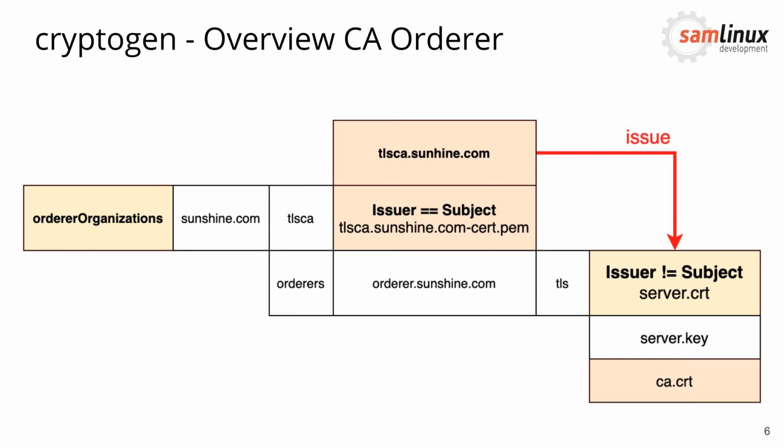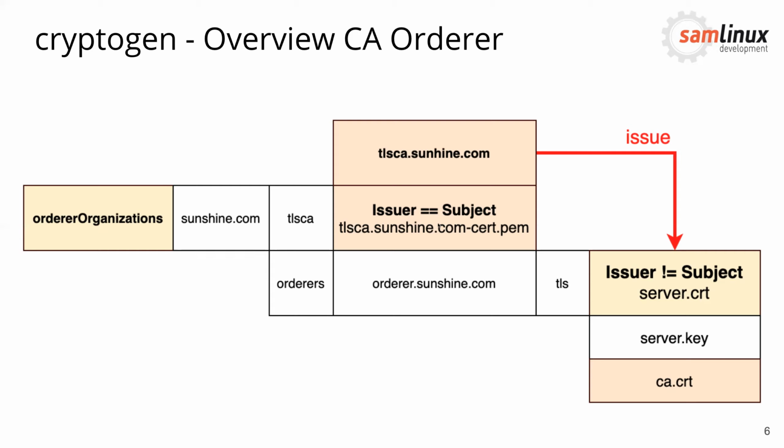And in the orderer organization, you will see this folder structure. So we have orderer organizations, then we have sunshine.com, and then we have here two folders, TLS CA and orderers. And in TLS CA, here we have a PEM file certificate.